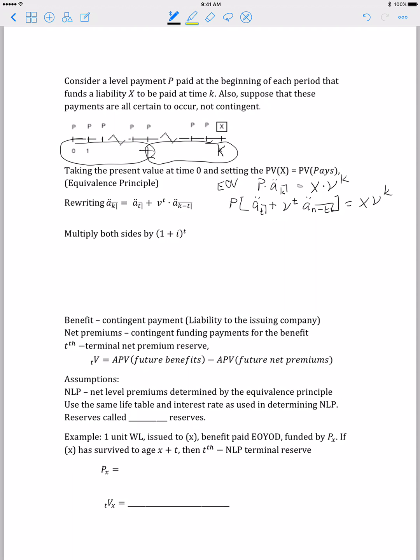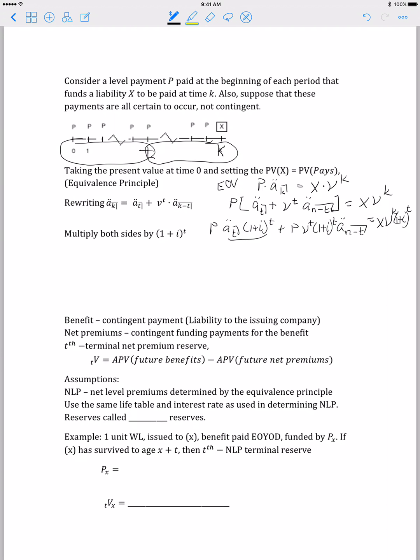And now we're going to multiply both sides by (1+i) to the t. So one term on the left side is going to be (1+i) to the t times that annuity due for t payments. The second is going to be P v to the t (1+i) to the t times the annuity due for n minus t periods. And the right-hand side is X v to the K (1+i) to the t.